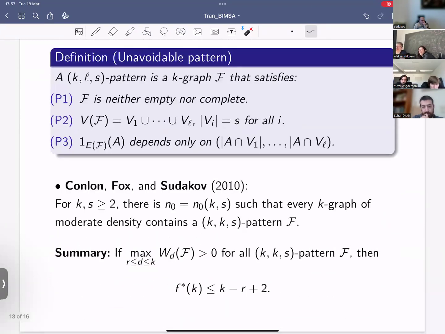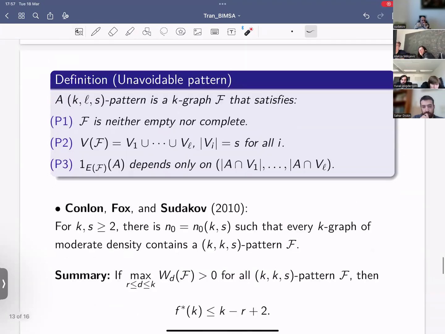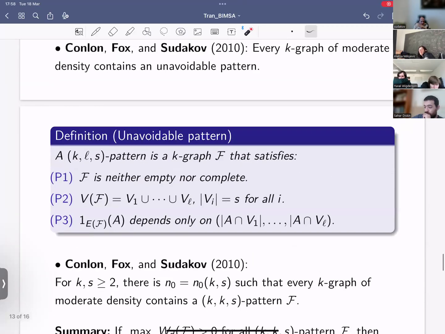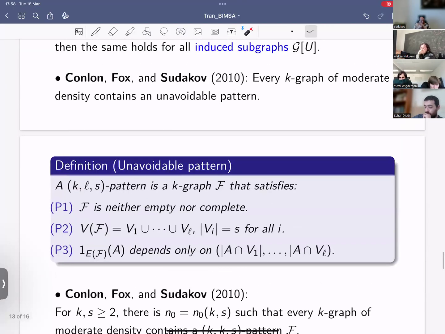And this is a precise definition of unavoidable patterns. So k is a uniformity, and l is a number of parts, and s is the size of each part. So a (k,l,s) pattern is just a k-uniform graph F satisfying these three conditions. F is neither empty nor complete, because we want F to witness the fact that our hypergraph G has a moderate density, right? So we don't want F to be either empty or complete.